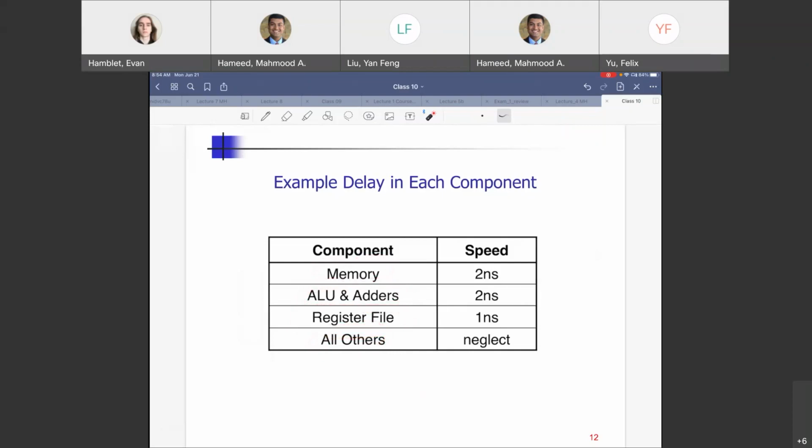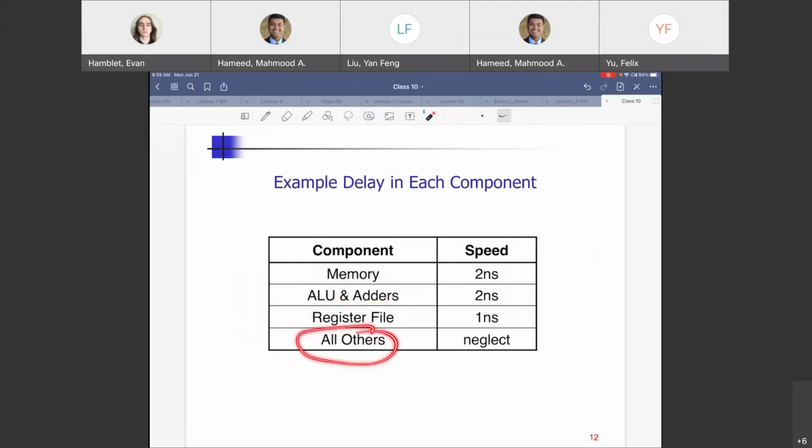Let us say that we associate a speed through the memory of 2 nanoseconds. So if you are doing a memory access, read or write, it's going to take 2 nanoseconds. ALU and adders are going to take 2 nanoseconds. The register file needs 1 nanosecond for either reading or writing.